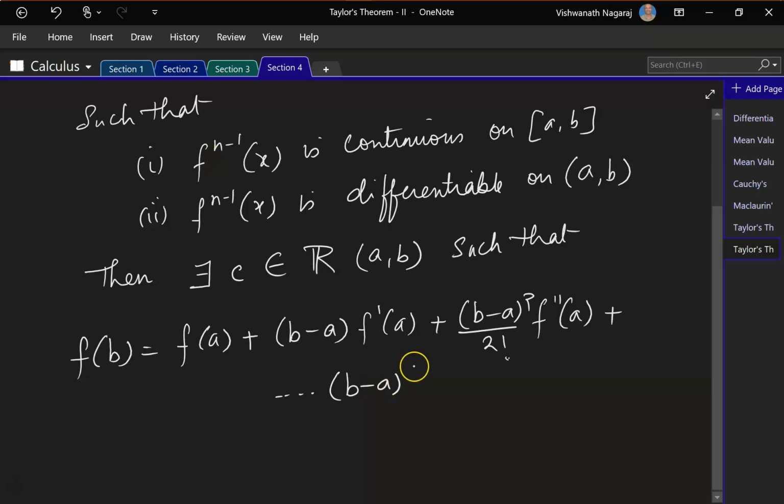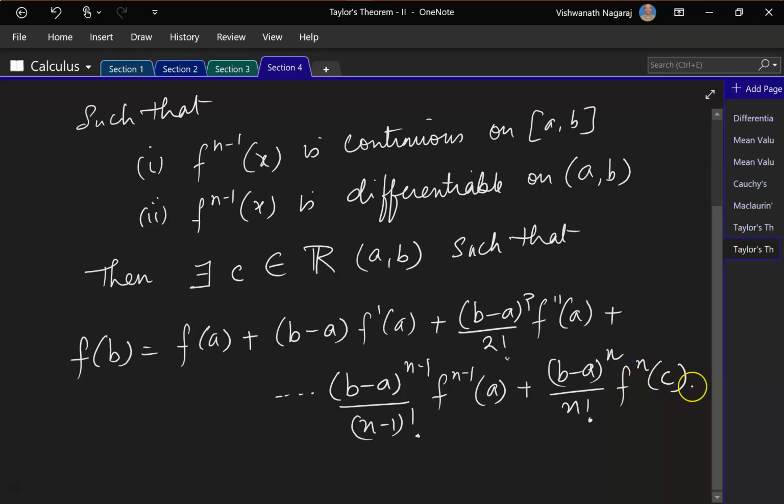Remember, we are talking of n minus 1. So n minus 1 by n minus 1 factorial times the n minus 1th derivative, and finally a term for the rest of it. So this would be b minus a to the n by n factorial times f of n at c.